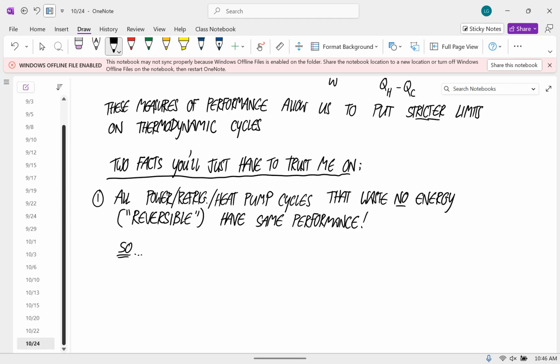That means if we analyze one reversible cycle, we understand the performance of all reversible cycles.